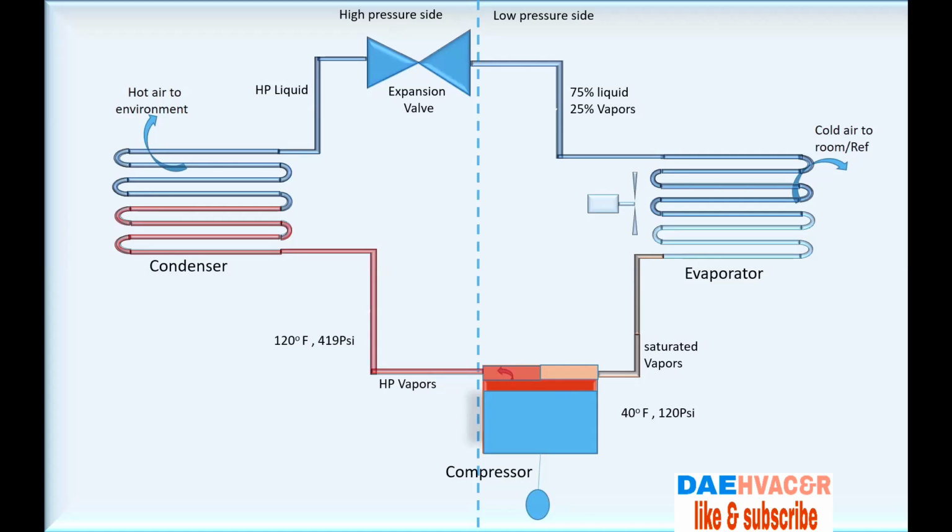The evaporator absorbs heat from the desired air conditioned area and gives us a cooling effect. When the evaporator absorbs heat, it changes its state from liquid into vapors, and after the evaporator we will get complete saturated vapors.